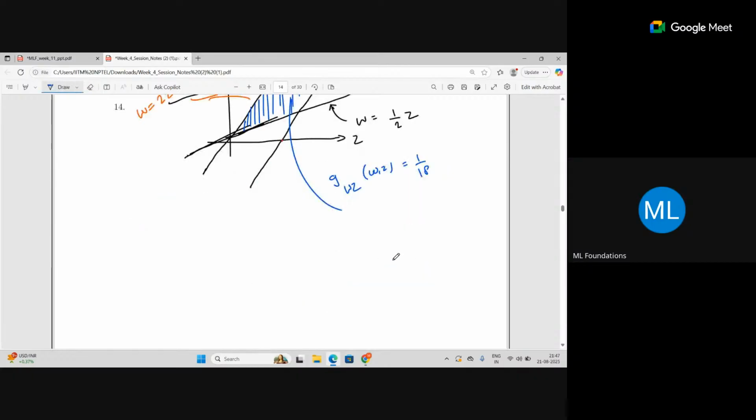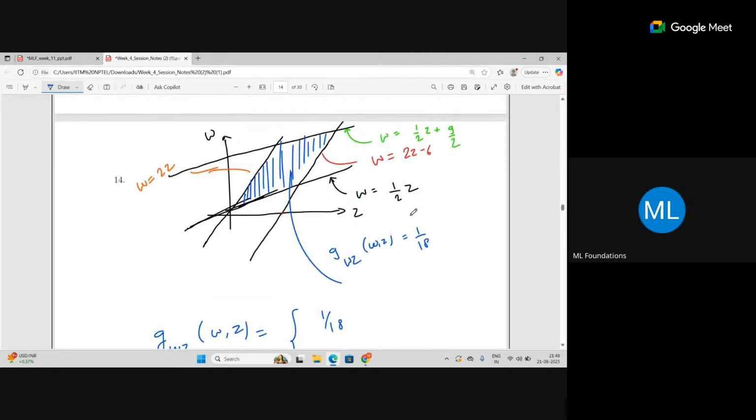So, how will you write down the final solution to this? G of WZ of Z equal to, you can say, 1 by 18 over the support. Okay, you can write either all these equations or you can write it compactly also.